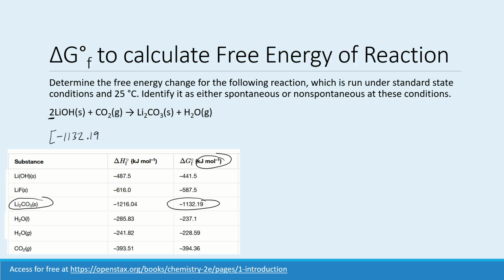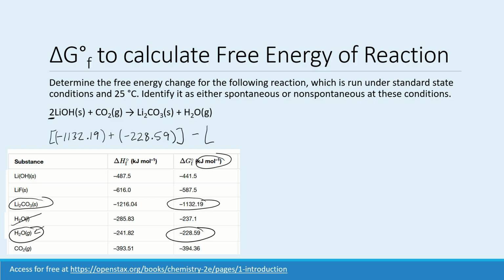So we have negative 1132 added to the free energy change for water in its gaseous state. Again, make sure that you are focused on that phase and that it is a gas and not a liquid. So we're going to take that negative 228.59.